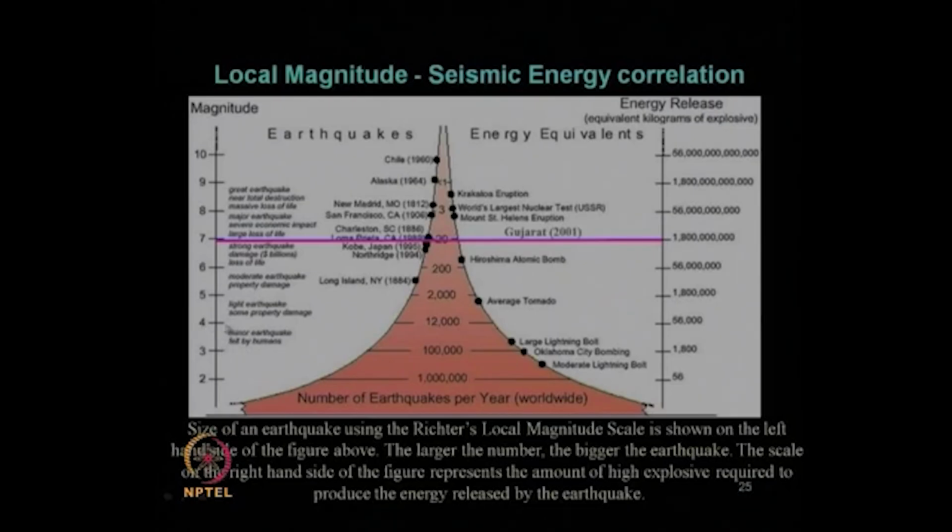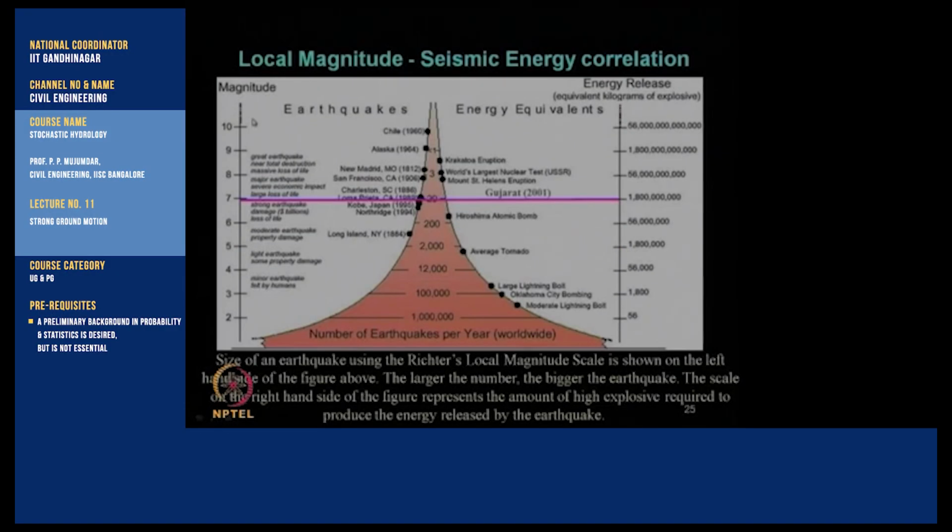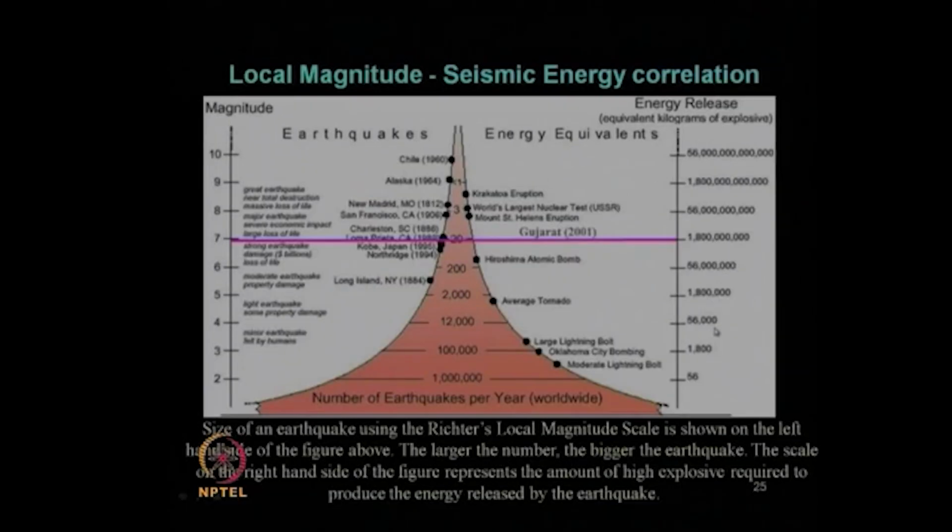So, that is why, as I have already mentioned, typically above 4 magnitude of Richter scale probably we should be using for our engineering design or engineering constructions, etc. But even that, if you see 4 magnitude of earthquake, how much energy is getting released, that is equivalent to like 56,000 kg of explosive you need to burn to get that amount of energy.